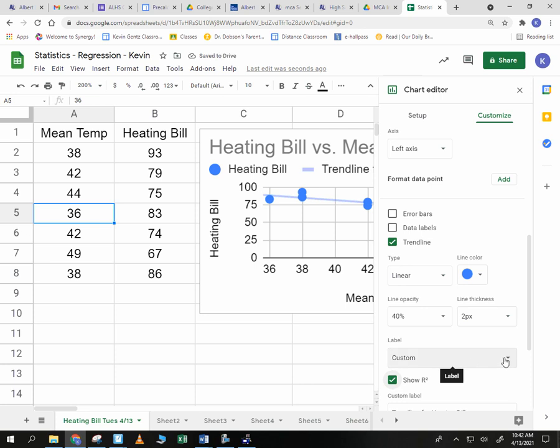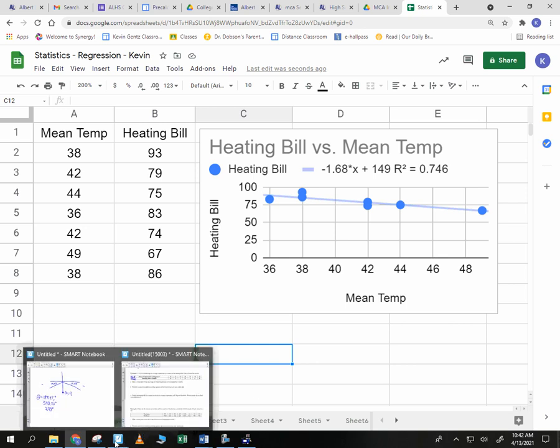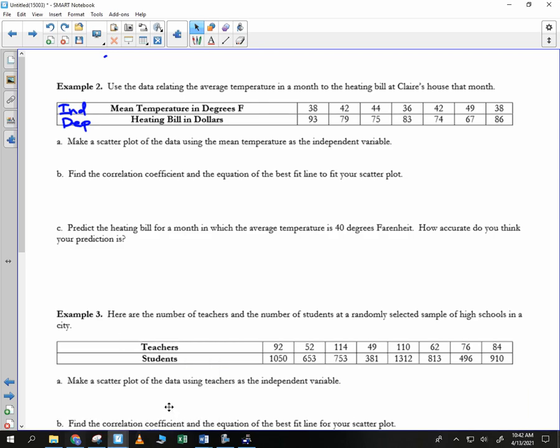And furthermore, the label that you can choose is you can use equation. Those are all the things you want to click on: trend line, use equation, and show R squared. Make sure you've got that, and then I'm going to bring you back here.